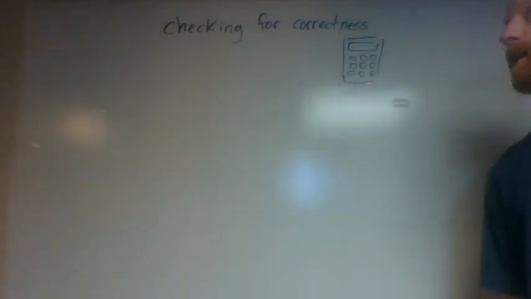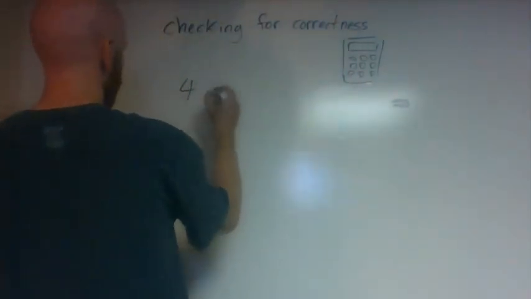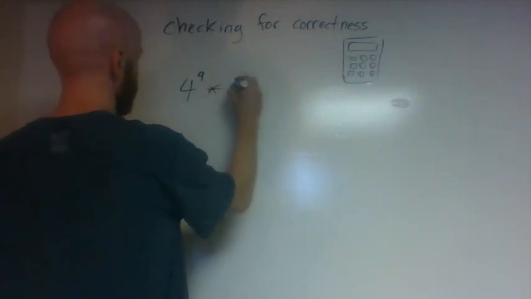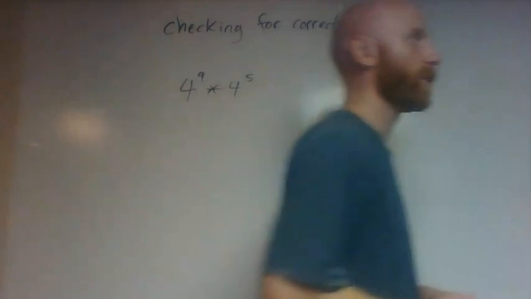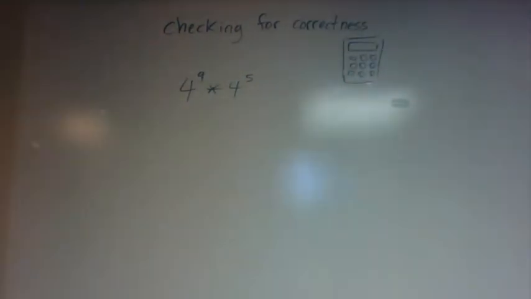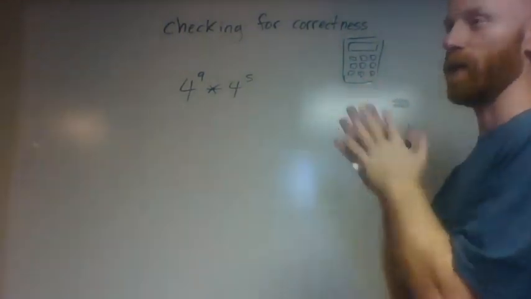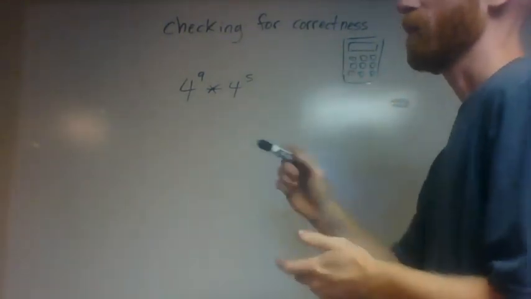Let's say you're in the middle of a quiz and you have to simplify 4 to the 9th times 4 to the 5th. You can't remember the shortcut rule, and you don't feel like writing a bunch of 4s out and counting them. You can do this.